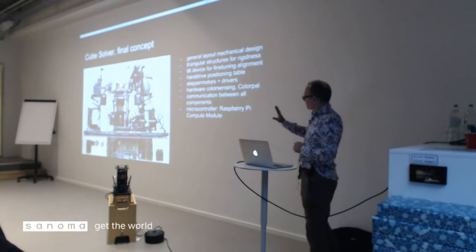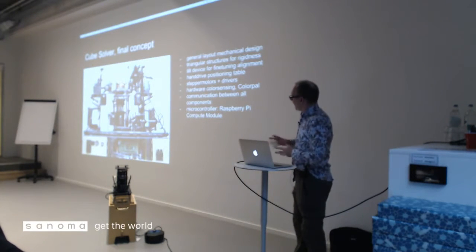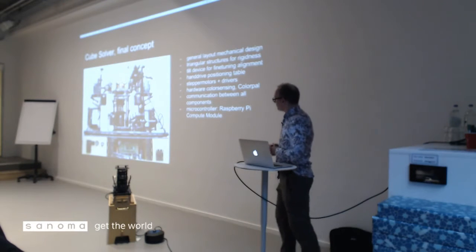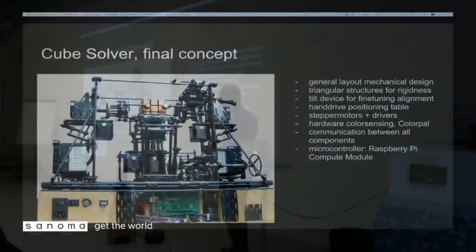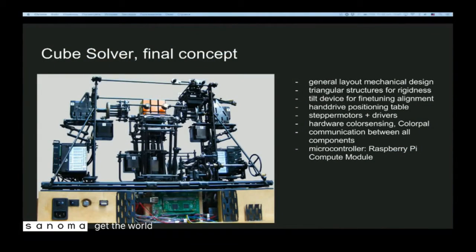So actually, this is also the end result of the cube solver. You see 3 grippers, the positioning table as in the preliminary concept, and what you also see is a scanner table, which moves over the cube.